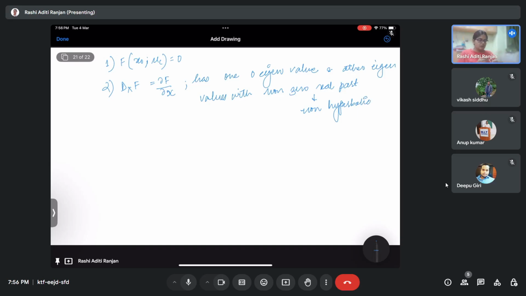Okay, we are not much concerned about hyperbolic or non-hyperbolic. What we are concerned about is that this was the condition for the static bifurcation.